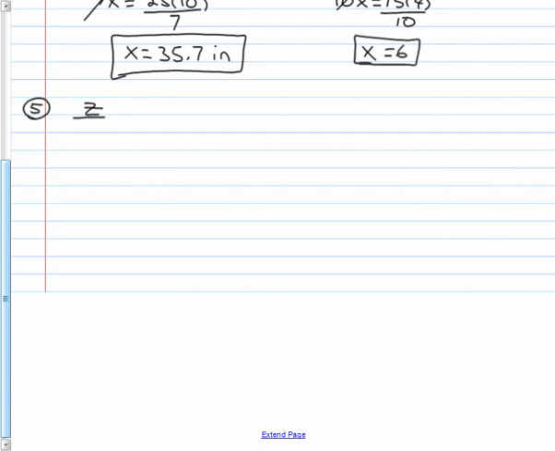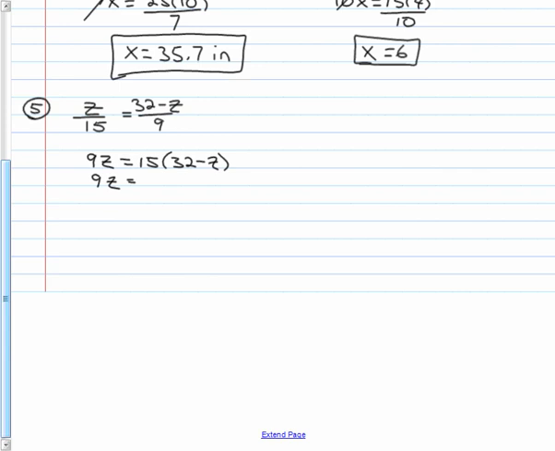Z over 15, you can start that way. There you go. So that missing piece would be 32 minus Z over 9. Z times 9, or 9Z, would equal 15 times our 32 minus Z, doing our cross products. So if we distribute, what's 15 times 32?